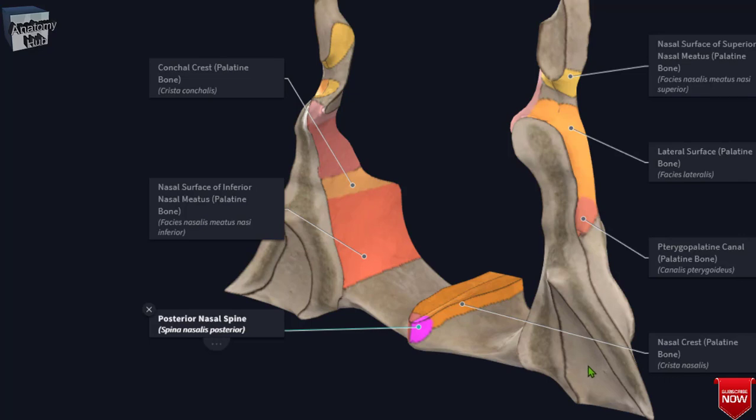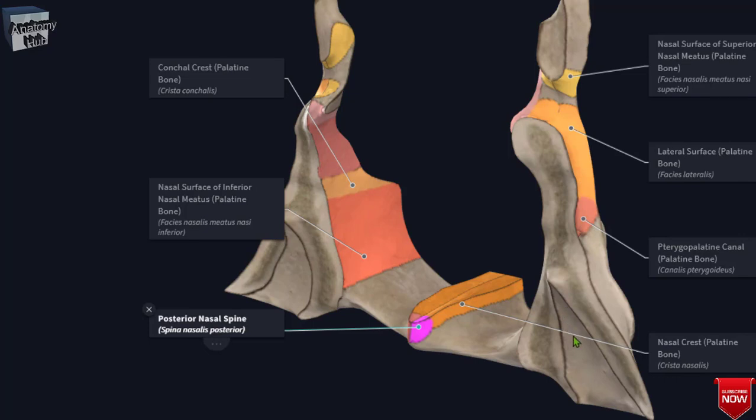This pyramidal process extends posteroinferiorly at the junction between the horizontal plate and the perpendicular plate.